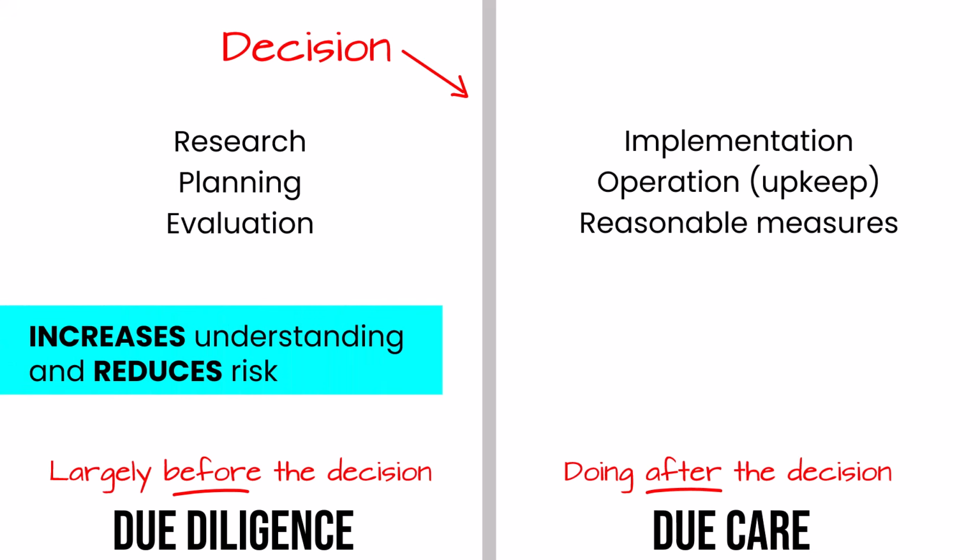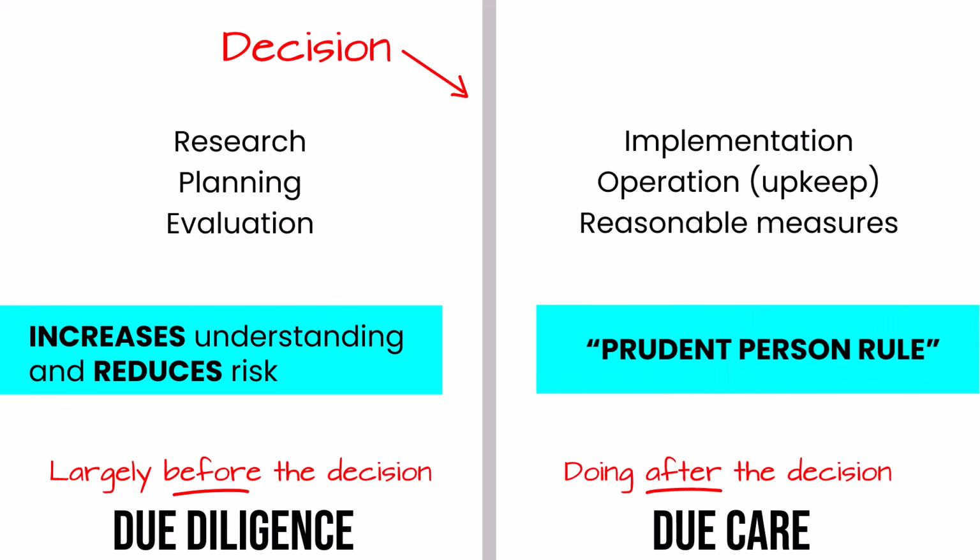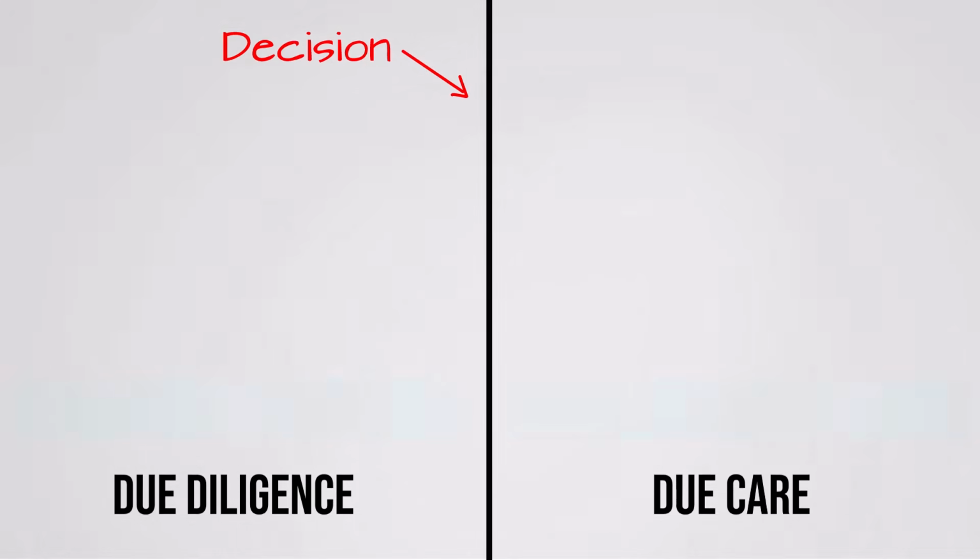So due diligence increases our understanding of the situation and therefore reduces our risk. And due care, that prudent person rule, implementing reasonable measures to reduce our liability and our exposure. But the evaluation that we perform in due diligence really helps us to determine what we need to implement as part of our due care obligation.